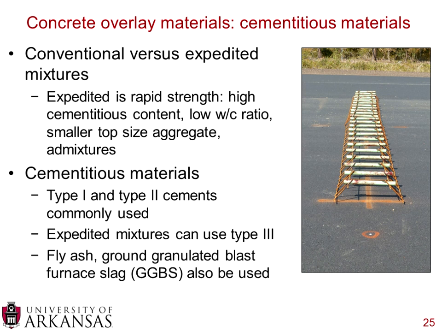But Portland cement type 1 and type 2 are very commonly used. If you're looking for an expedited mixture, you can use type 3. But then fly ash and GGBS are two byproducts of industry. Fly ash is a byproduct of the coal industry, and GGBS is a byproduct of refineries. Those can also be used for cementitious materials.